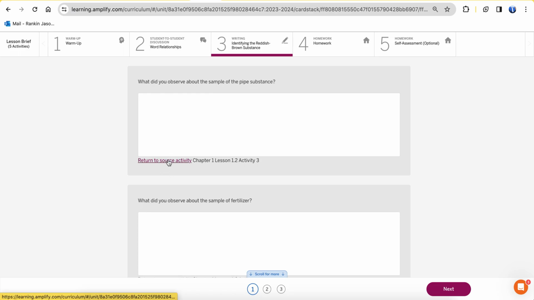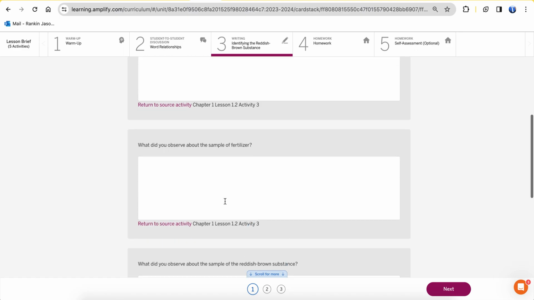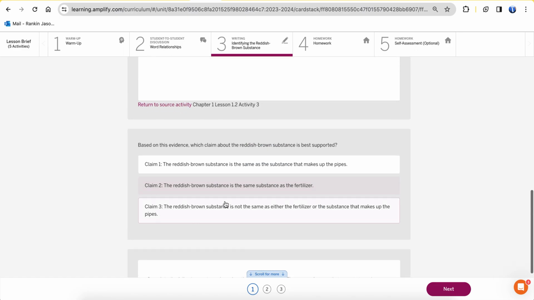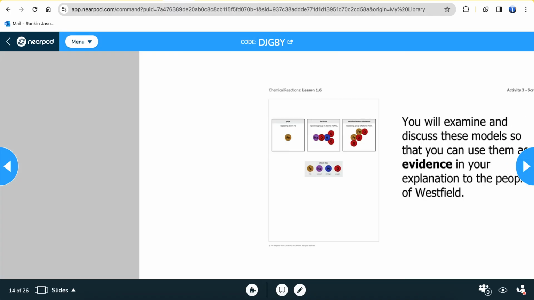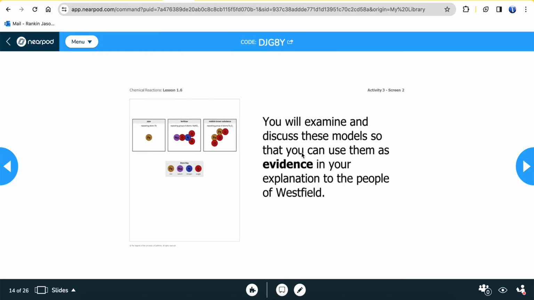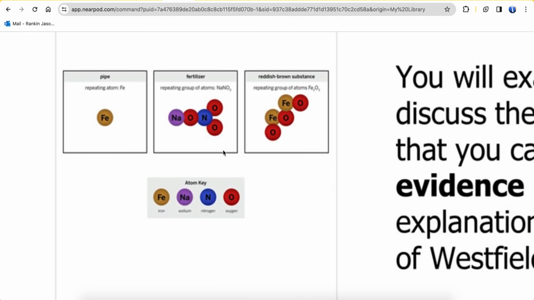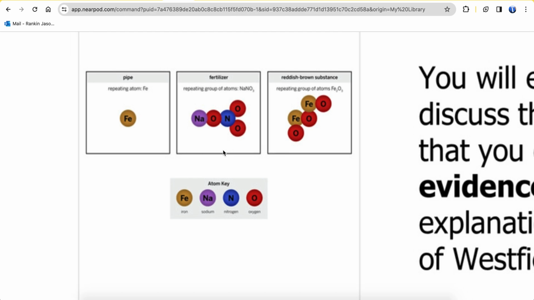It says here return to source activity. Yeah, so this is the 1.2 activity 3 activity. Okay, you'll examine and discuss these models so that you can use them as evidence in your explanation to the people of Westfield. All right, so we definitely need to use this, right, to help us.